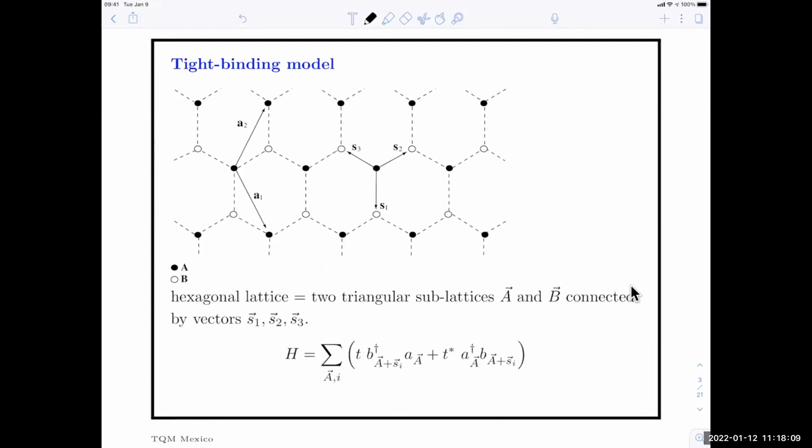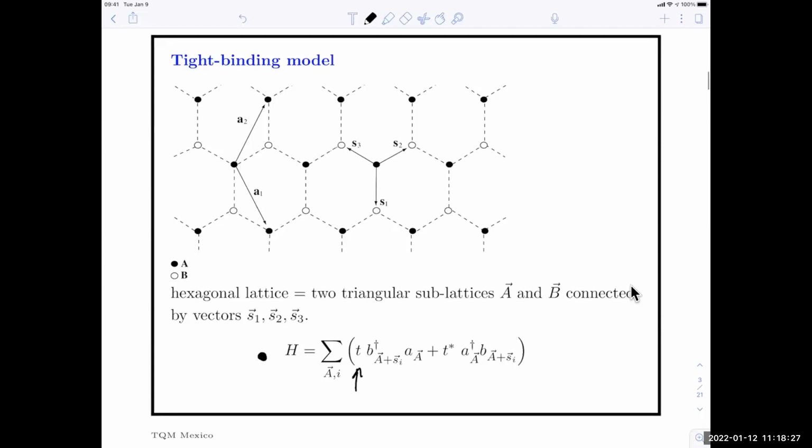So the Hamiltonian is written something like this as an operator which transports electrons from a site to any of the neighboring sites with a hopping amplitude, creation annihilation operators, and so on. This turns out to be actually a rather successful model of graphene in that, even though it's very simple, it describes a lot of the physics that's seen there.